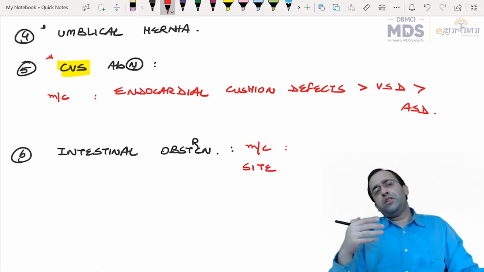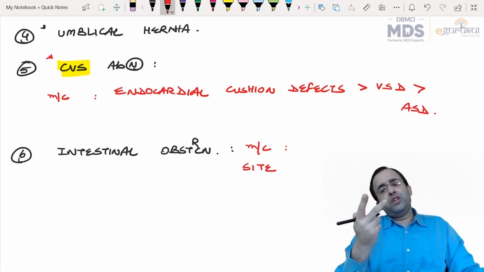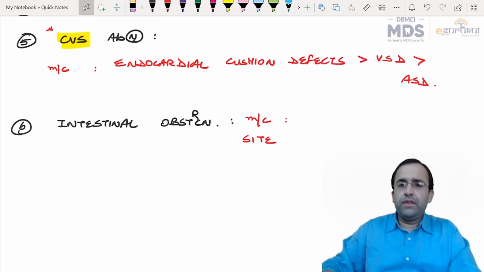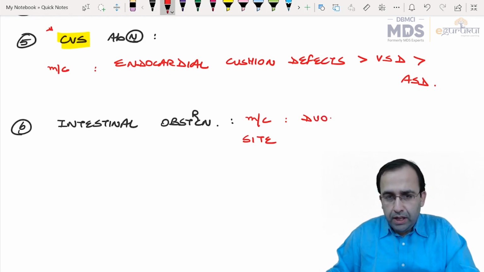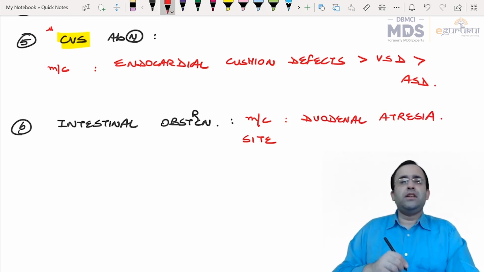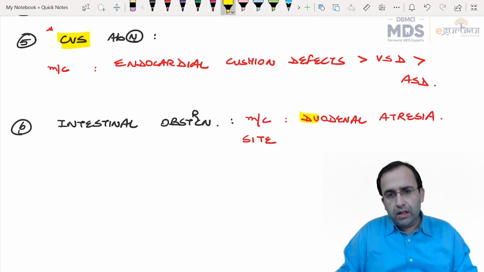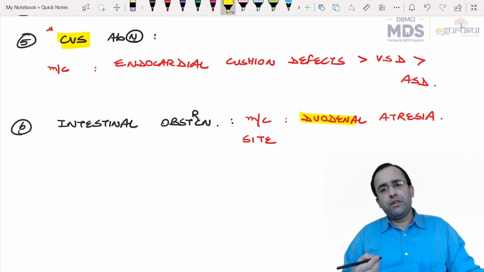Duodenum, jejunum, ileum, colon, where? In the duodenum. The most common site being duodenum, that is, it is associated with duodenal atresia. The most common site of intestinal obstruction in Downs is duodenal atresia.